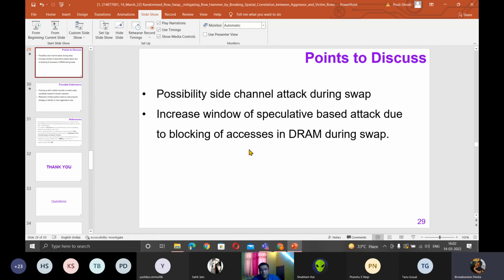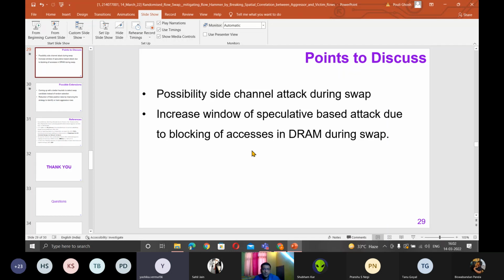Basically, it's a covert channel, right? Not a side channel, in the scenario that you explained. Right. But what is it revealing? It's just revealing whether the swap has started or is going on or not. Right.